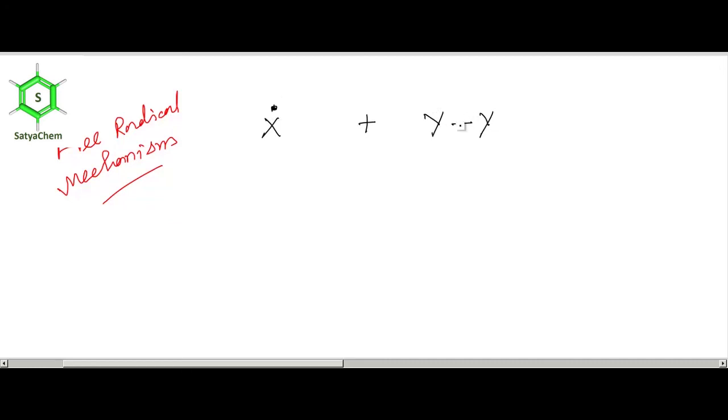This bond consists of two electrons. It can happen that one electron comes from the Y-Y single bond and another electron comes from X. Then we'll get a new compound XY and another new free radical, Y dot.